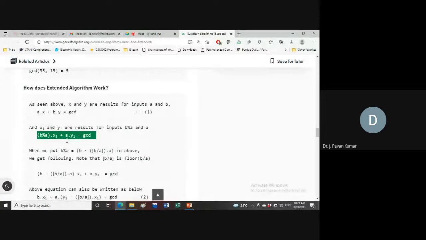So by using that, what can be placed in the place of a? b mod a. So instead of a we have put b mod a, and similarly instead of b we have put a. Now is this particular equation clear? If you understand this, that is fine.